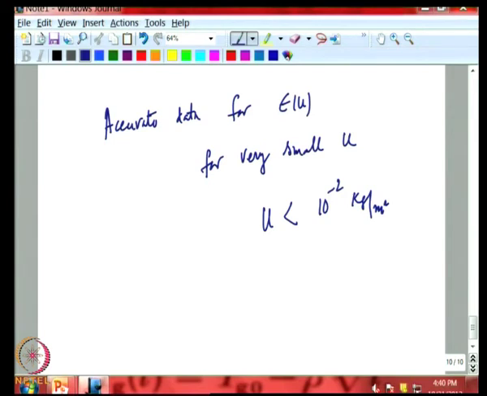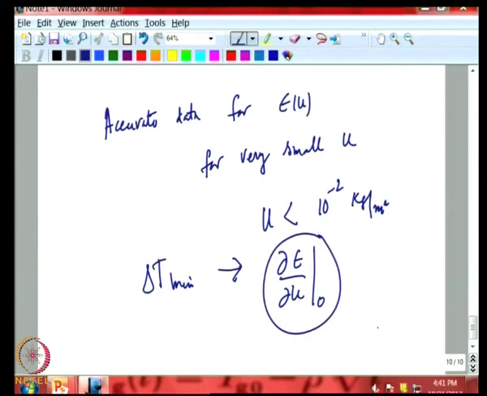For example, we saw that the delta T min is very much dependent upon the slope of the emissivity curve near the ground. This is a crucial parameter.